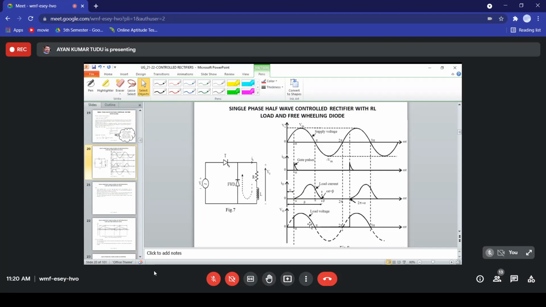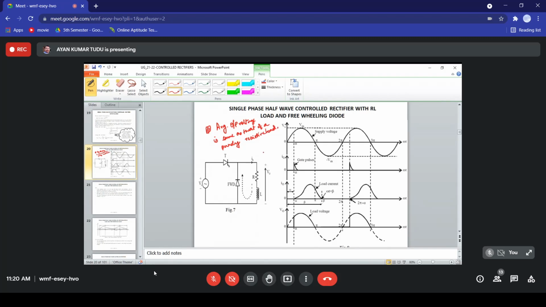Okay, so what we can say, এখানে লিখে দিচ্ছি, that the average output voltage is the same as that of a purely resistive load.